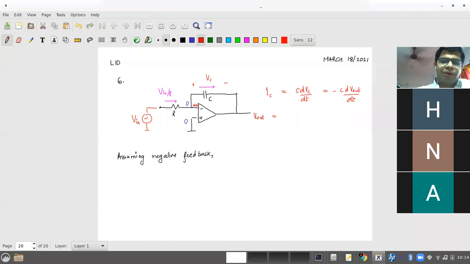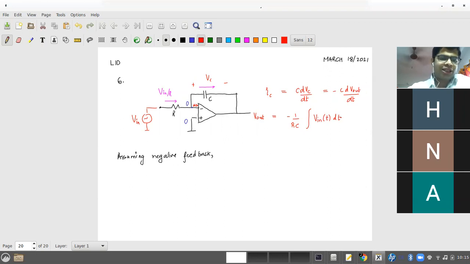Just put it over there. Is this reasonable? Yes or no? Yes.